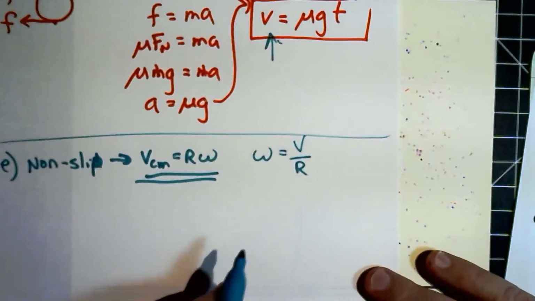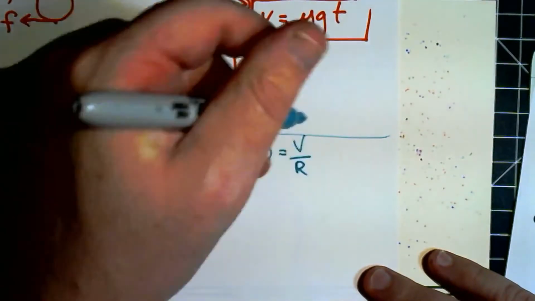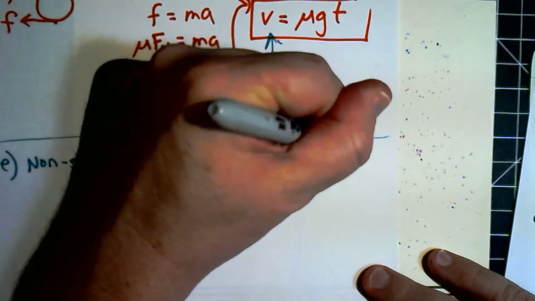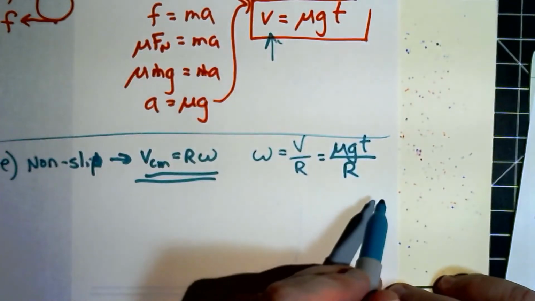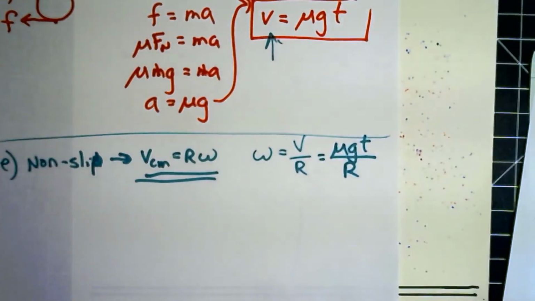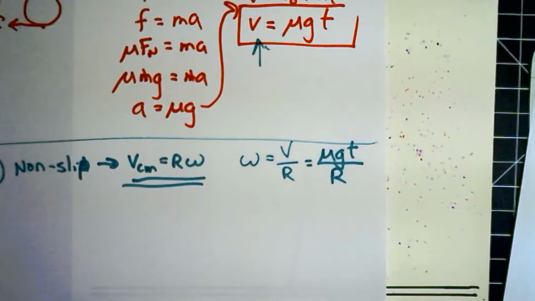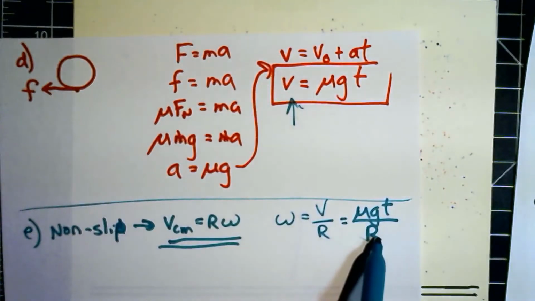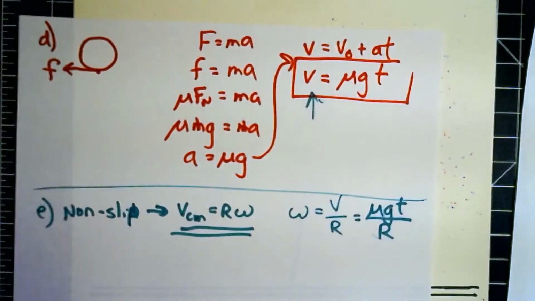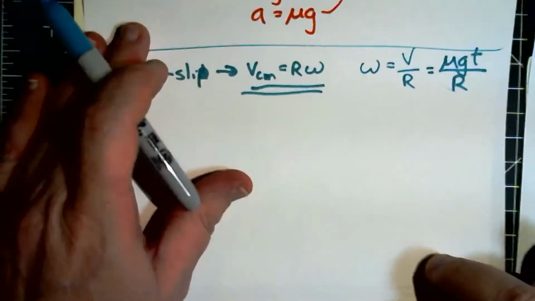Okay, so the condition for the angular speed is that mu gt divided by r is the speed at which it begins to not slip. So let's take the equation from part C for the velocity and this from part E, and substitute them in and solve for time. So it's a little bit of algebra.